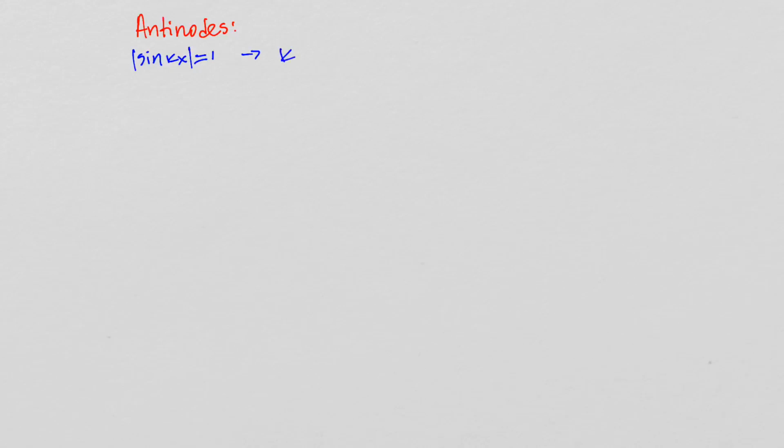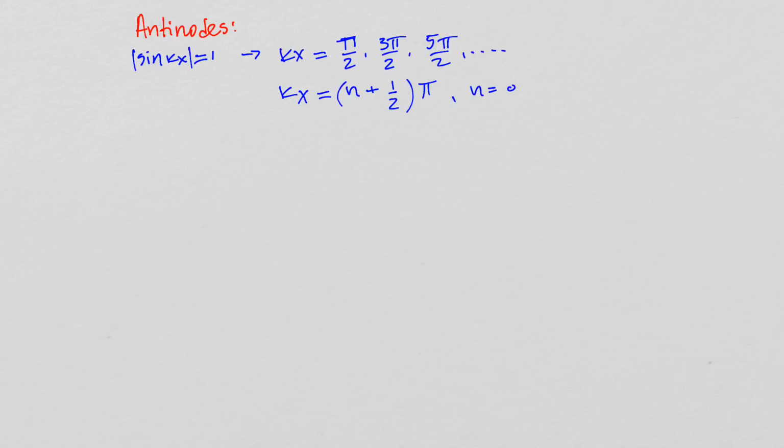Well, this is satisfied when kx is equal to pi over 2, 3 pi over 2, 5 pi over 2, and so on and so forth. I can rewrite this as kx is equal to n plus 1/2 times pi, and n is again equal to 0, 1, 2, and so on and so forth.